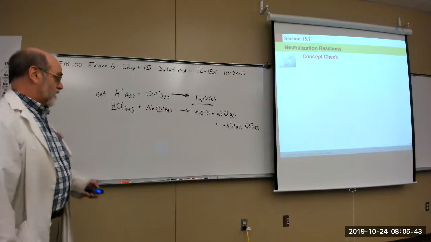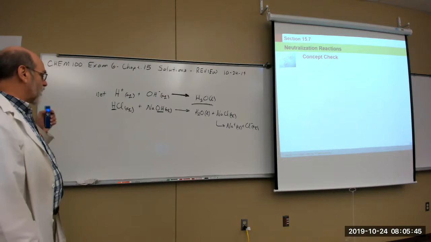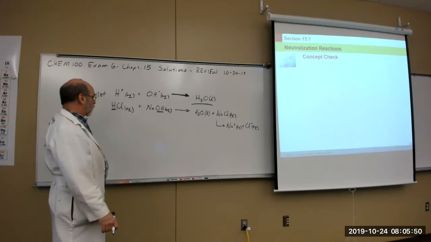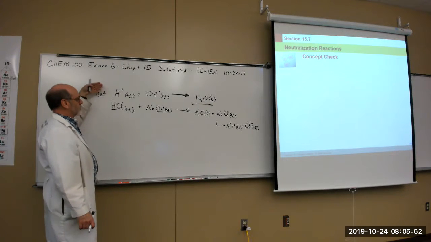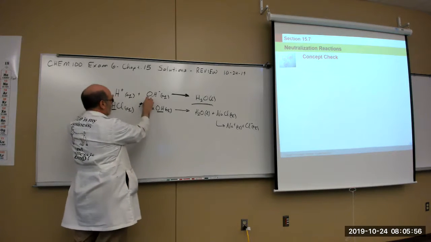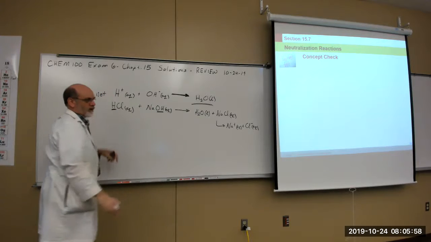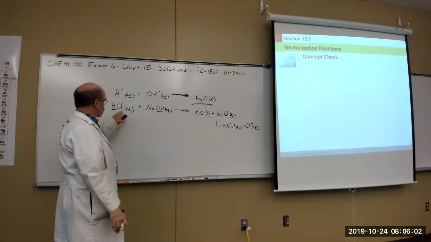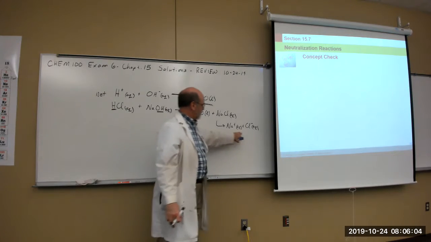Okay, so it's helpful to recognize and always appreciate that when you're working with an acid-base reaction, a neutralization reaction, this is where the business is happening, the protons and the hydroxyls. And you don't get lost in the confusion of the spectators.